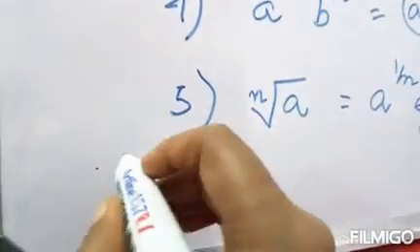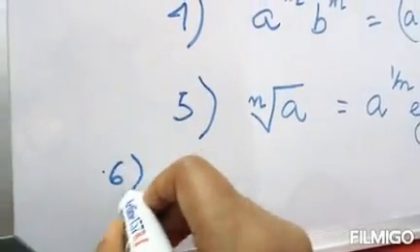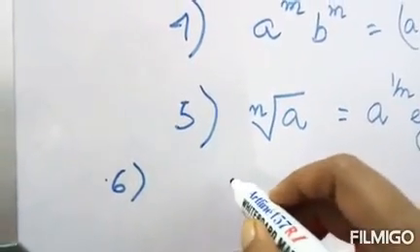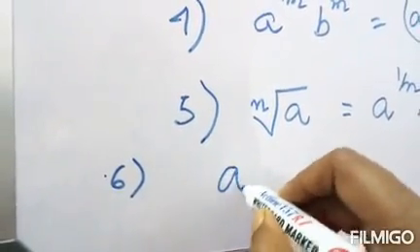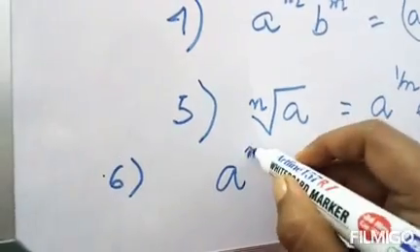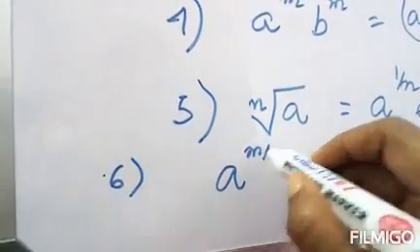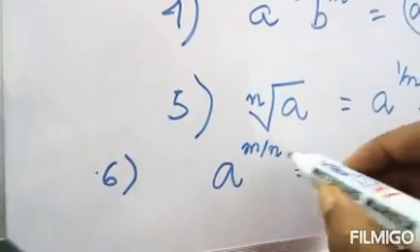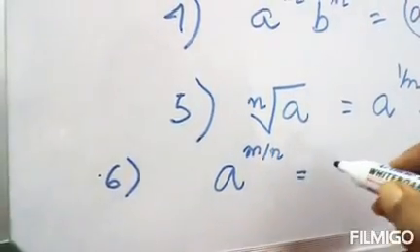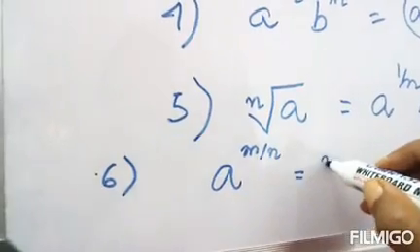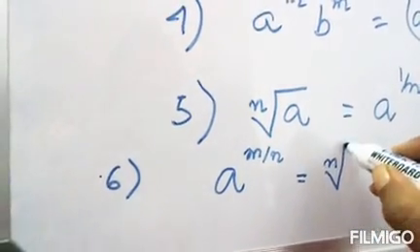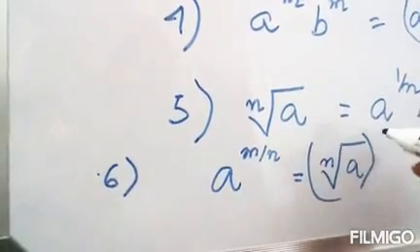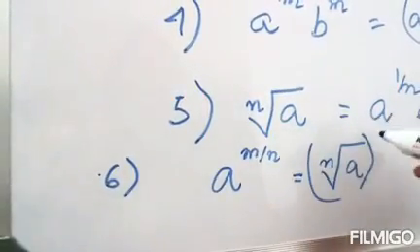Now another thing: suppose the power is given in division form, like m by n. This means n is in the denominator, and whatever is in the denominator will be the root of the base, to the power of what is in the numerator.